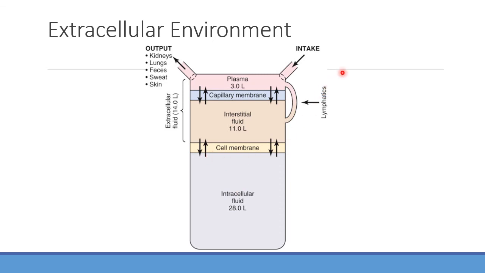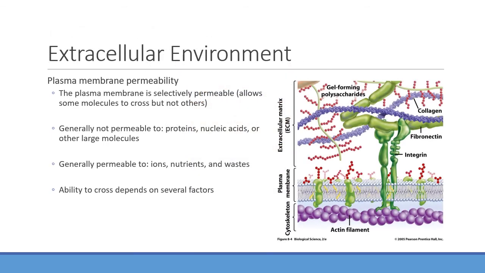When I give a patient a liter of normal saline, if I'm giving them IV fluids, it's going to go into the plasma, eventually into interstitial fluid, and then some of that will end up in the intracellular space. Someone who's having a lot of vomiting or a lot of diarrhea is fluid depleted. That's how I can try to tank them back up, by giving fluid back into the plasma.